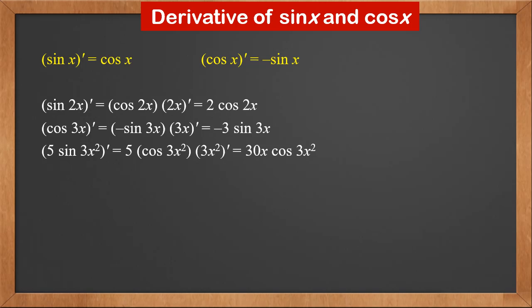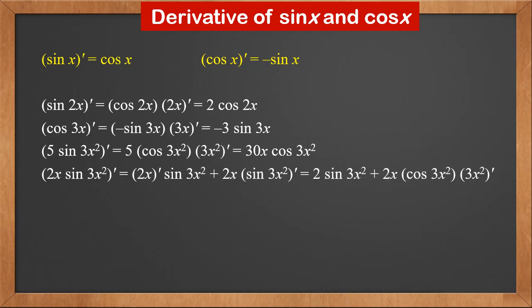The derivative of 5 sin 3x squared is 5 cosine 3x squared times the derivative of 3x squared. The result is 30x cosine 3x squared. We can also use product and quotient rule. The derivative of 2x sin 3x squared is the derivative of 2x times sin 3x squared, plus 2x times the derivative of sin 3x squared.